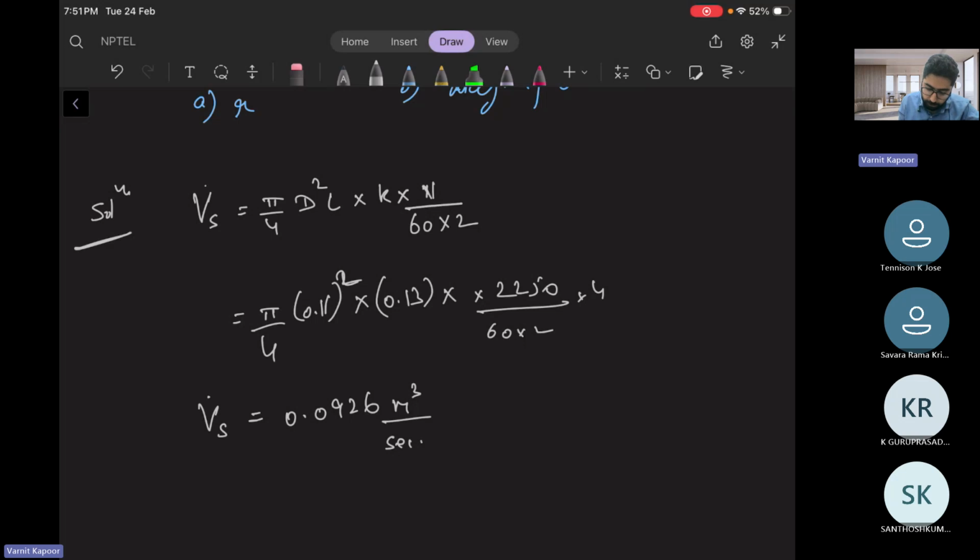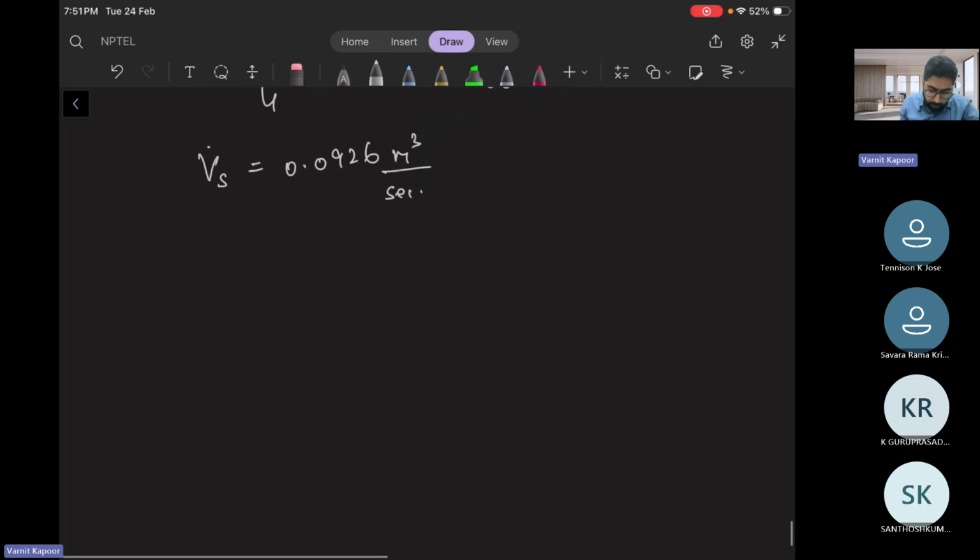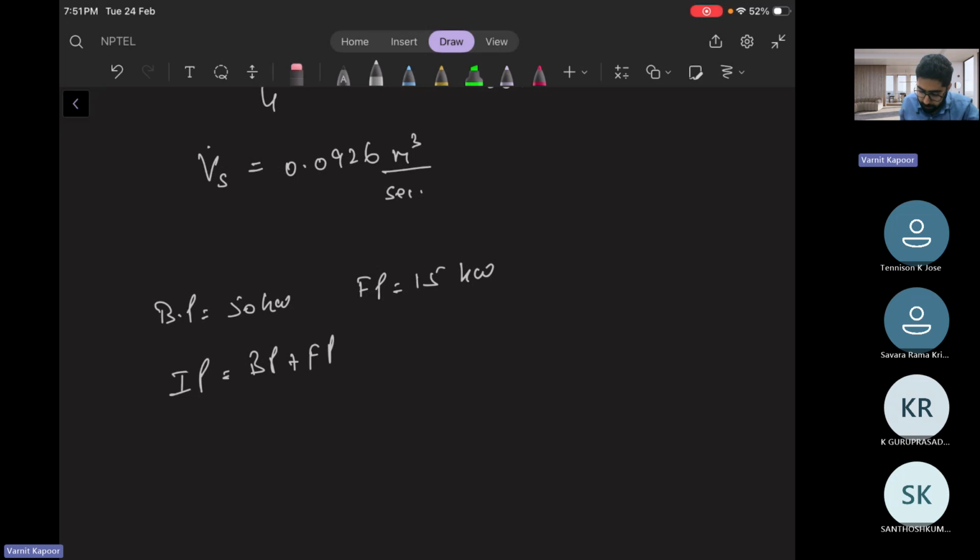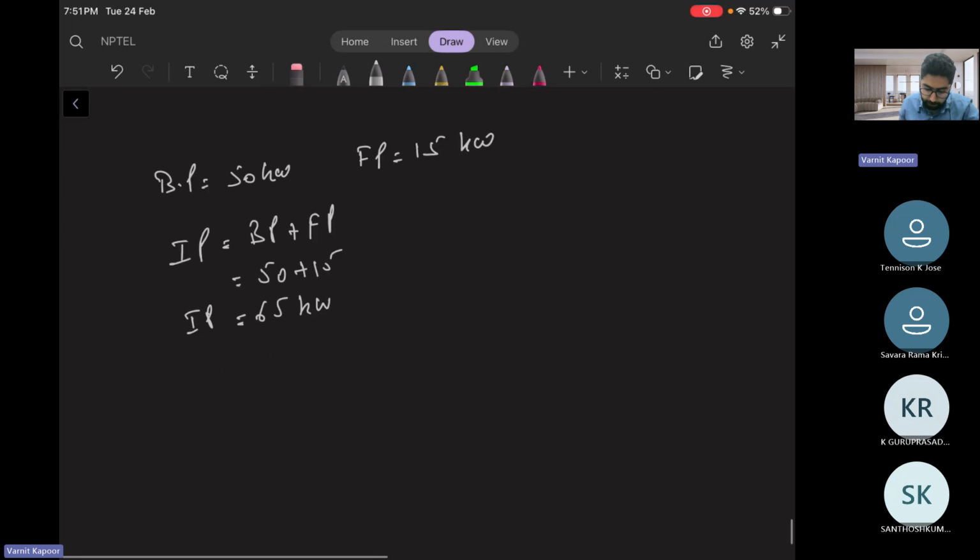Now, brake power was 50 kilowatt, and friction power was 15 kilowatt. So indicated power is nothing but brake power plus friction power. 50 plus 15, that is 65 kilowatt. That is your indicated power.